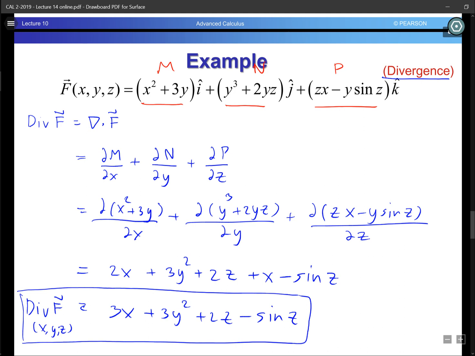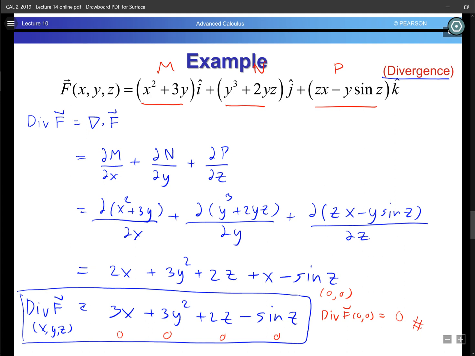Alright, now I want to know the contraction and expansion behavior at the origin. I want to know what happens at 0, 0, 0. So I want to find the divergence of F at 0, 0, 0. When 0 goes in, everything becomes 0, so it comes out to be 0.